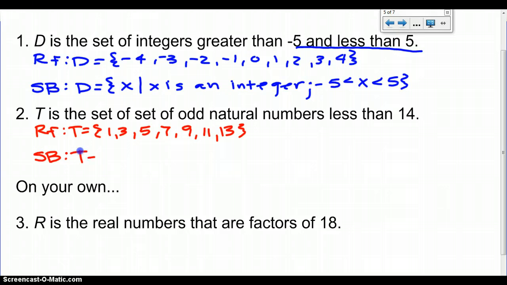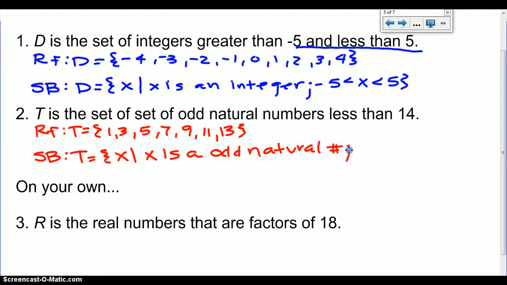T is equal to a bracket, and we're going to define our variable. So we have x, and now x is an odd natural number, we can't forget that. Then we put our semicolon, and then we put x is less than 14. And that is our set builder notation for that one.